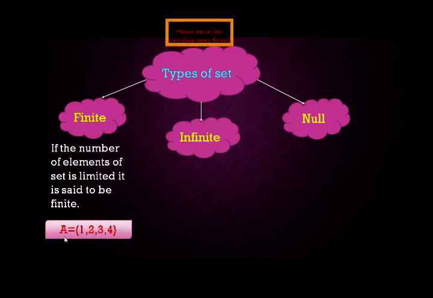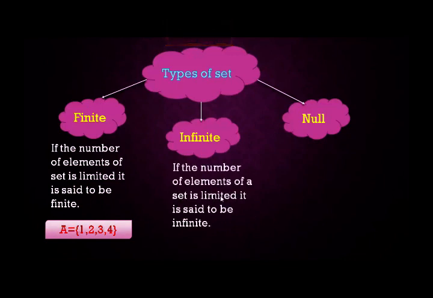For example, A equals to {1, 2, 3, 4}. It starts from 1 and it ends at 4. So this is a finite set because here we have the last element. The next one is infinite. What is infinite?